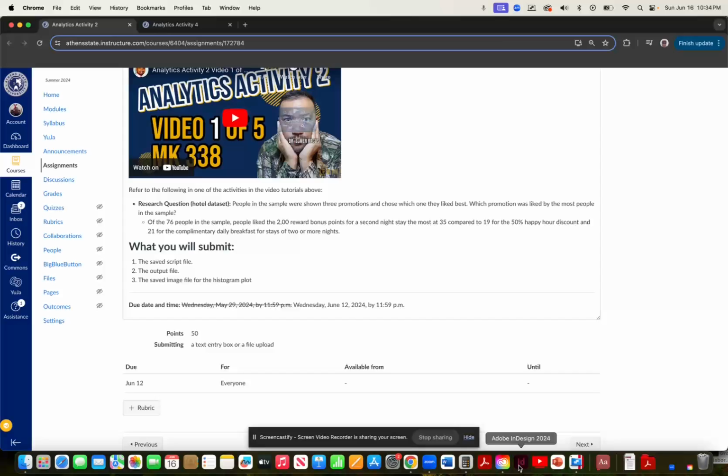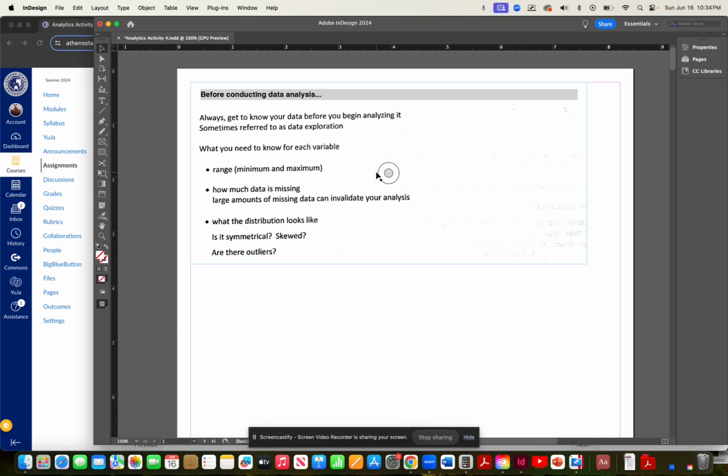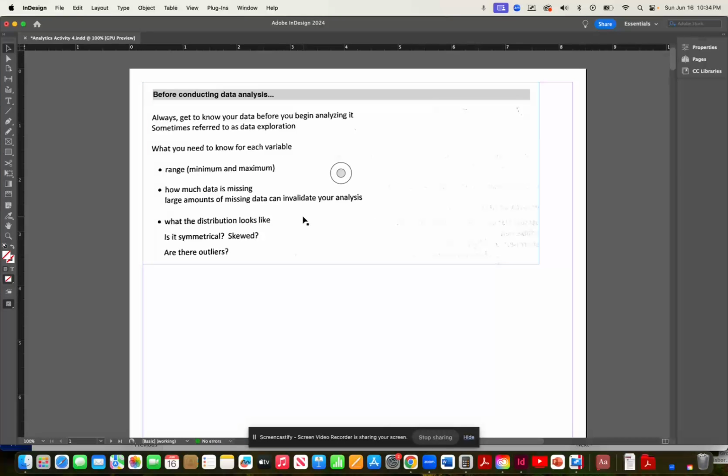And for data analysts, our first instinct is to go ahead and jump into analyzing the data. However, that's not always a good idea because there might be issues with the data that we're not going to catch unless we do this, where we explore the data. So, exploration.